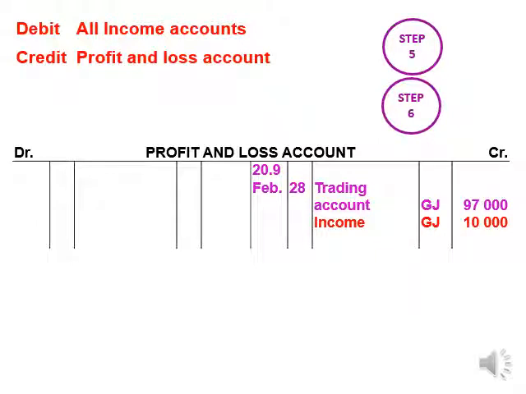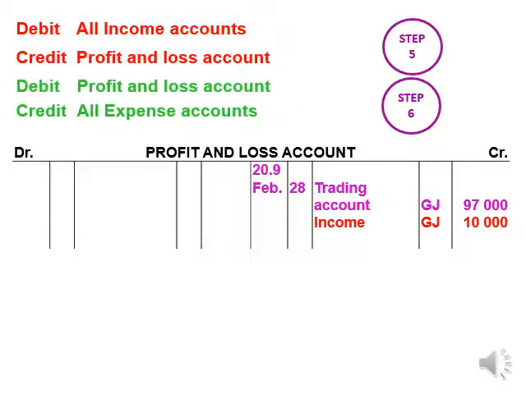Step number 6 is now to close off all our expense accounts, and since our expenses are debits, we need to credit them, and we will debit the profit and loss account. Again, each expense will be listed separately here. So now we have all the aspects in our profit and loss account that we need to calculate the net profit. It's our gross profit plus our other income minus our expenses.